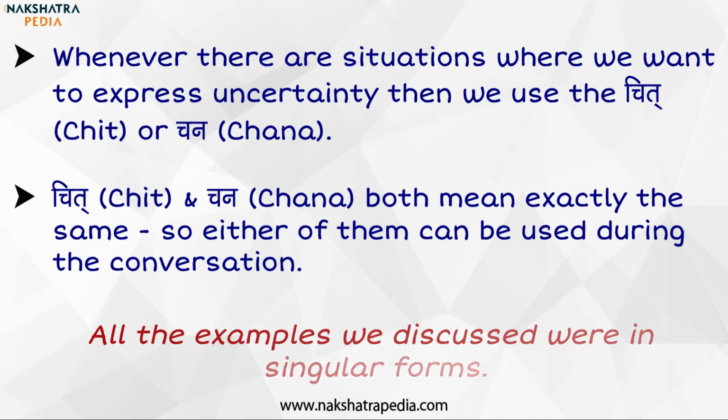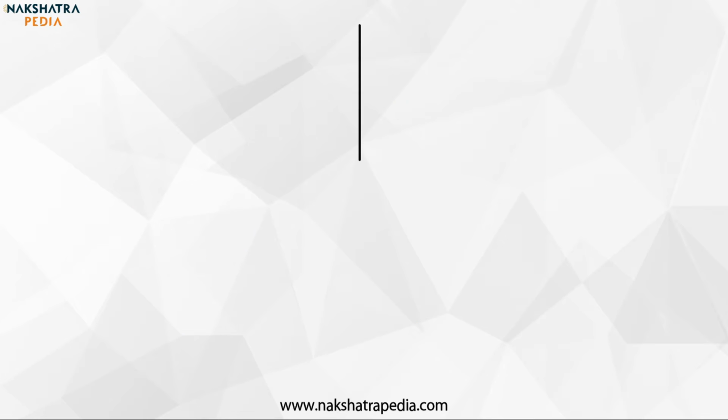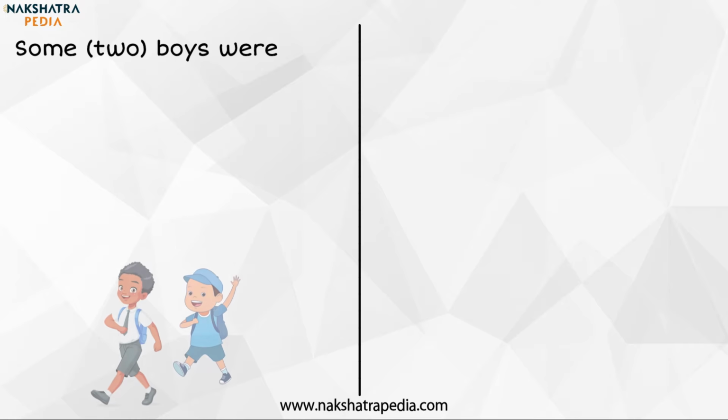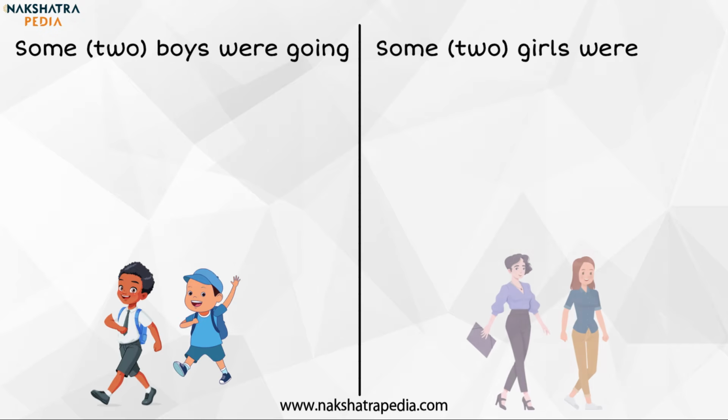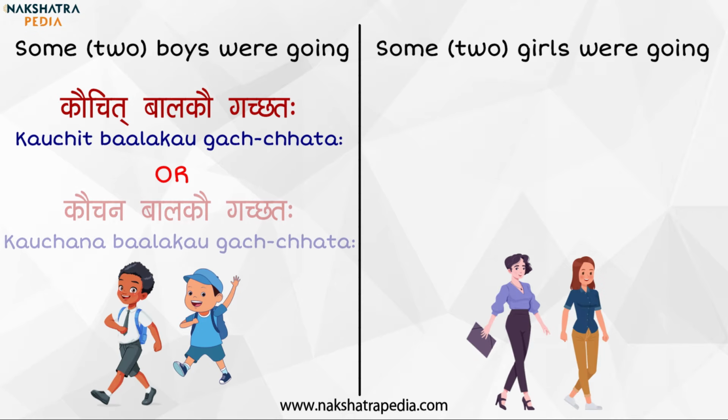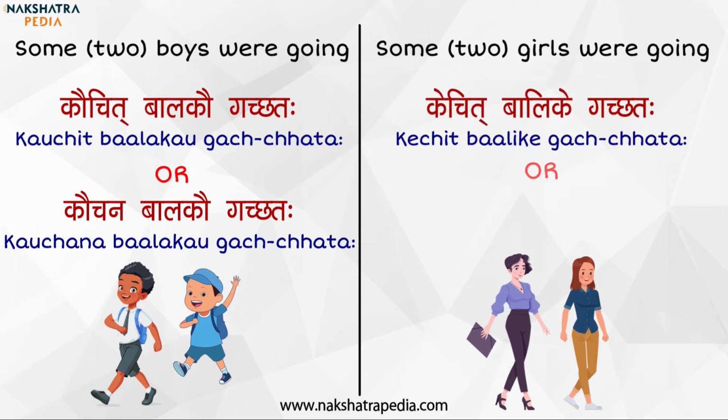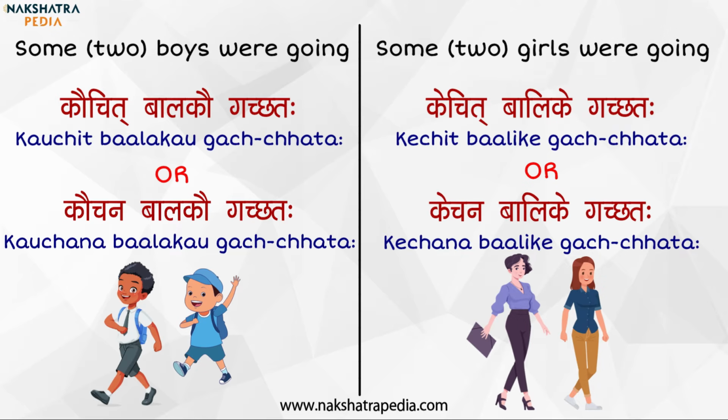All the examples we discussed were in singular forms. Let us look at a few dual and plural examples as well for all genders. If I want to say some boys were going or some girls were going, in case of dual, it will be Kauchit or Kauchana balakau gacchataha for masculine, and for feminine, it will be Kechit or Kechana balike gacchataha respectively.